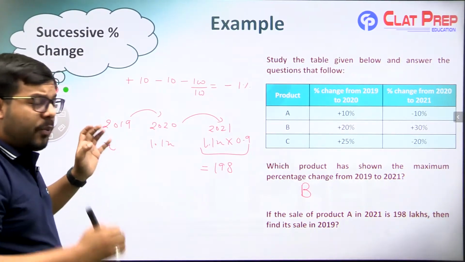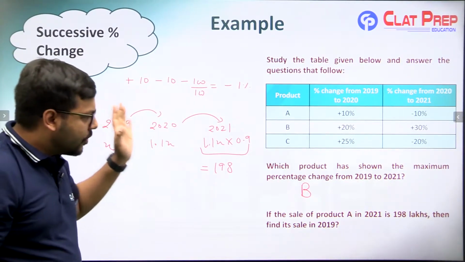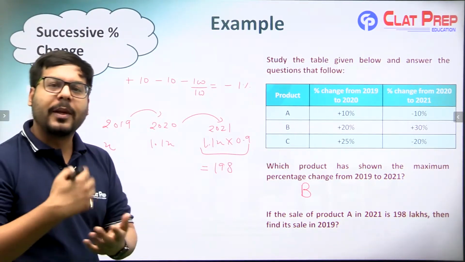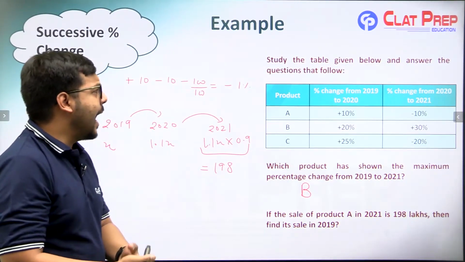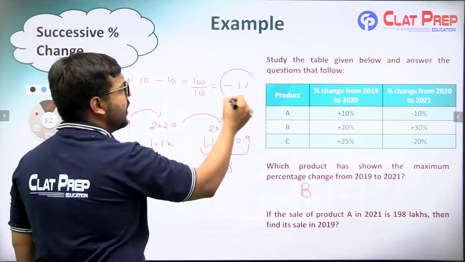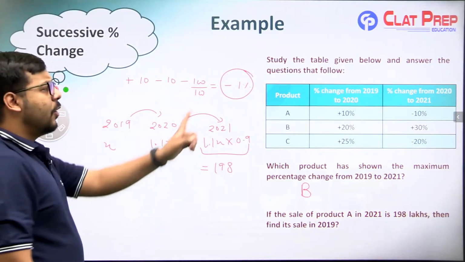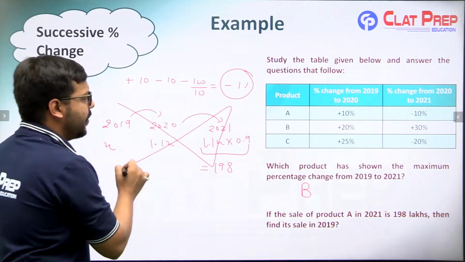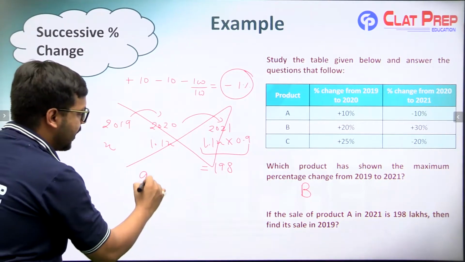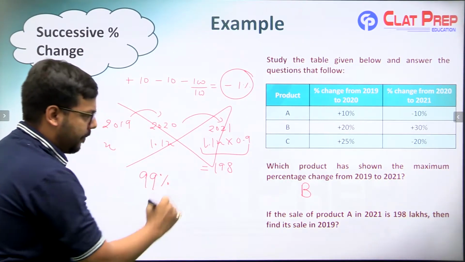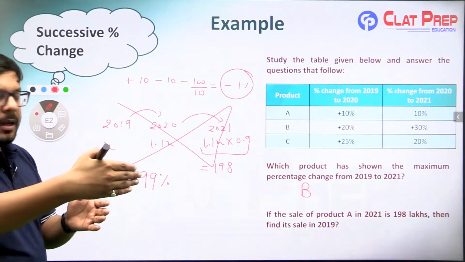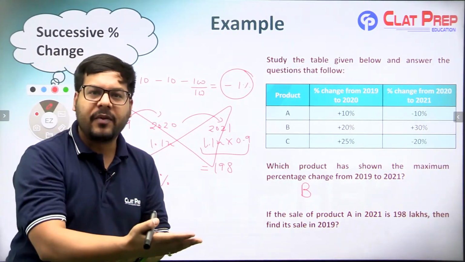I'm saying, why do you have to go through such a lengthy process when you can easily calculate that the overall change done is minus 1%. If the overall change done is minus 1%, that means the result will be 99%. Okay, if something is decreasing by 1%, the resultant will be 99%.